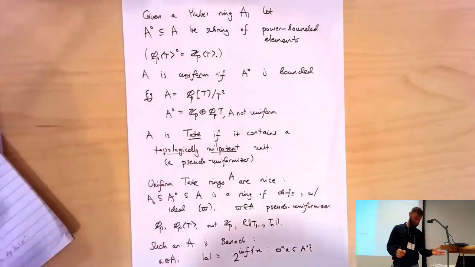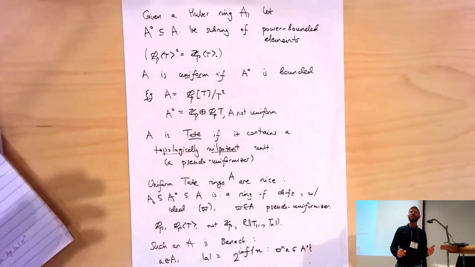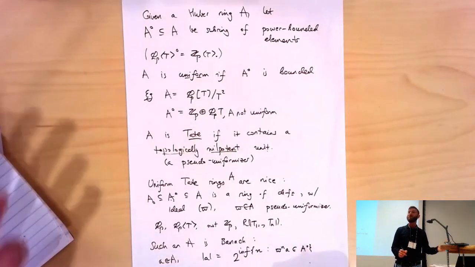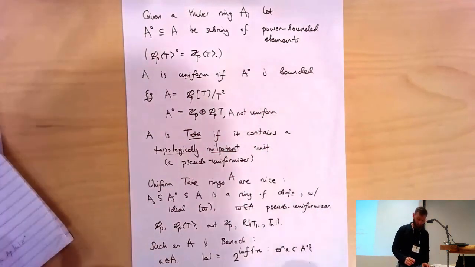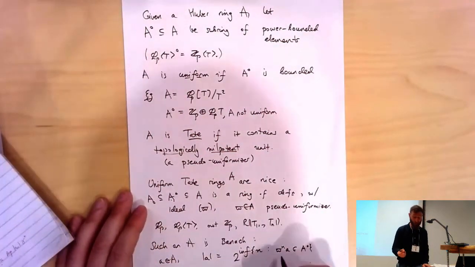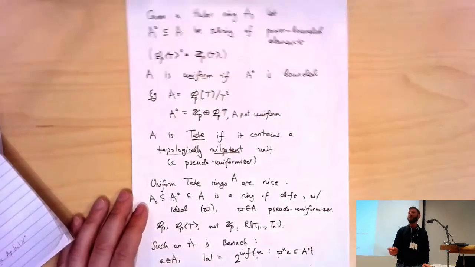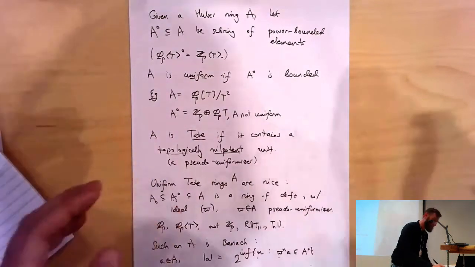If the absolute value of a is 0, and this is true for all n, then a actually has to be the 0 element because of the condition that A is uniform. And so you have a pseudo-uniformizer, so this is actually going to make sense even when n is negative. So even to state this, you need both properties. Okay. This is page 4.